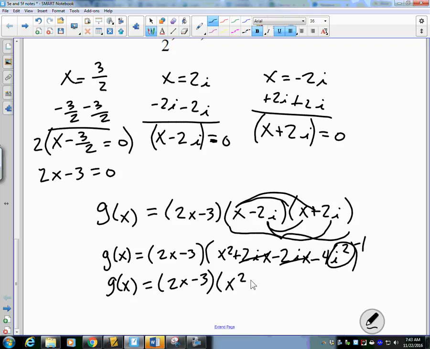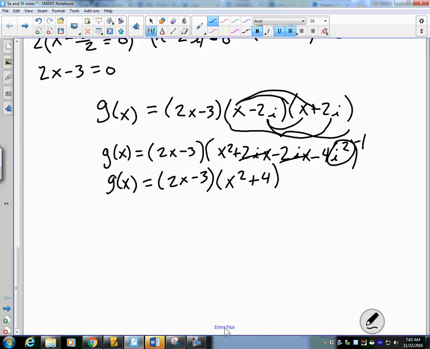And now I'm down to just x squared plus 4. Sweet. The i's all canceled out. So now one more step, one more multiplication. Multiply both of these binomials, 2x times x squared, 2x to the third, 2x times 4.